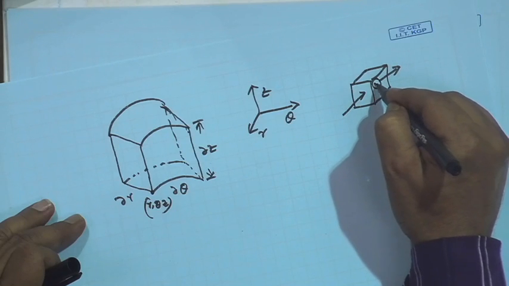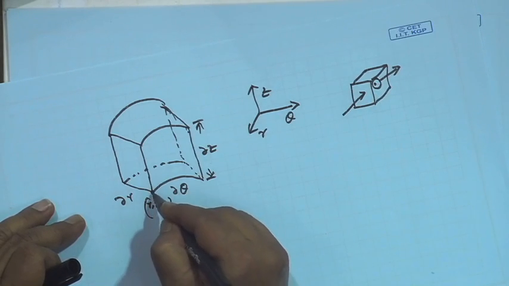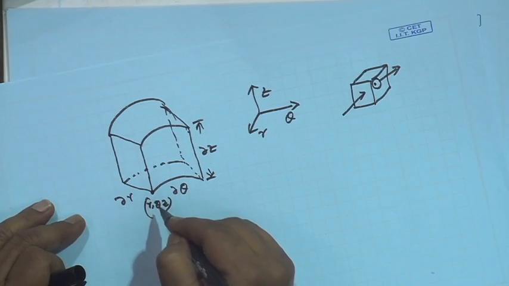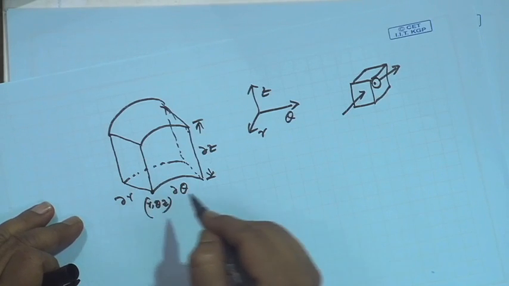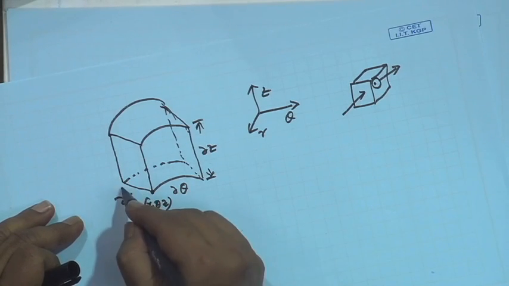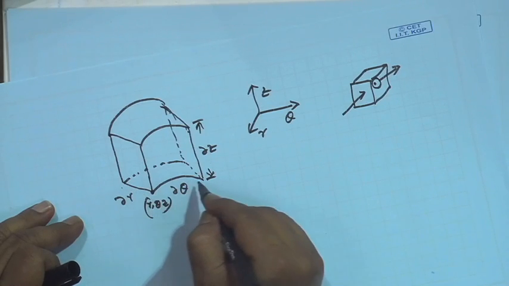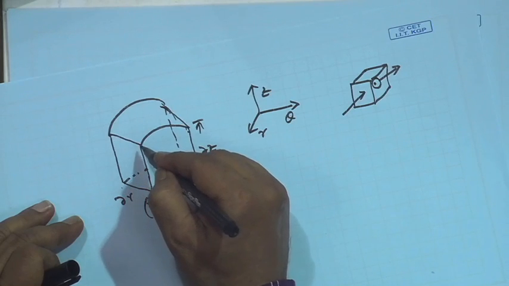We took it as the balancing point. So here, if we take this balancing point to be at the r, theta, z point, then this is r plus delta r, this is theta plus del theta, and this is z plus del z.